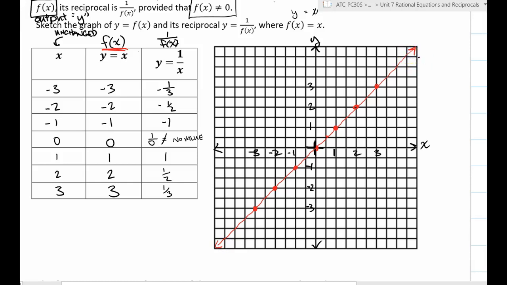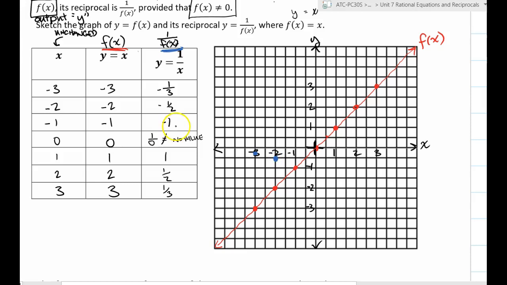Apologies for my shaky hand. Okay. Alternately, if we're going to graph our reciprocal, well, we've got -3 and -1/3, which would be about here. Then I've got -1/2, which is here.